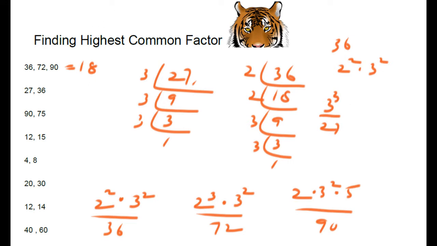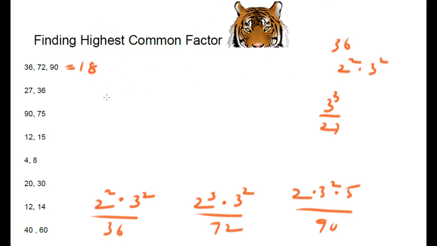So let me make some room. The prime factors of 27 were 3 to the power of 3, and the prime factors of 36 were 2 to the power of 2 and 3 to the power of 2. The numbers that are not common to both sets, this one only, 2, can be crossed off, and 3 with the smallest power is this one.